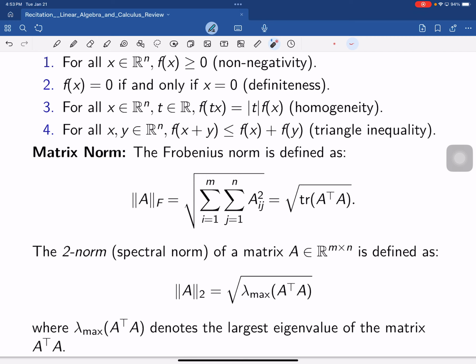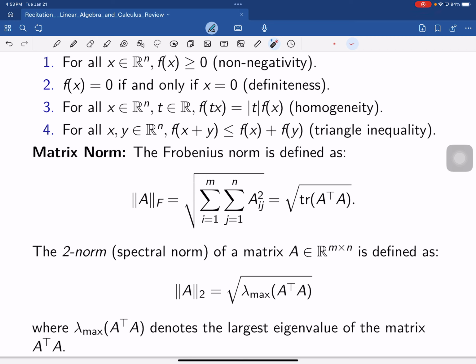So why do people define matrix norm differently, right? So here the 2 norm of a matrix is not the Frobenius norm. It's taking the largest eigenvalue of A transpose A, right? The reason they define it this way is that they want to make the matrix norm compatible with a vector norm, right? The way they define it, it can be compatible with a vector norm.